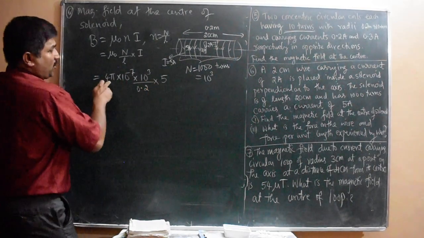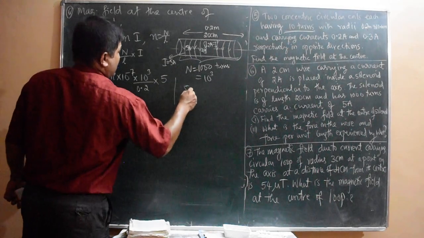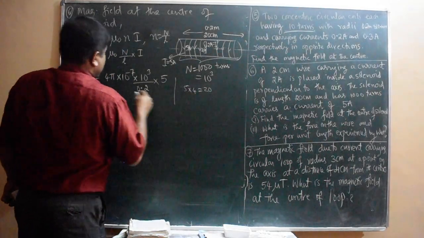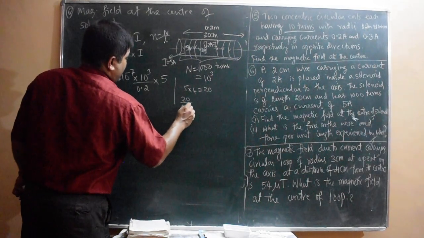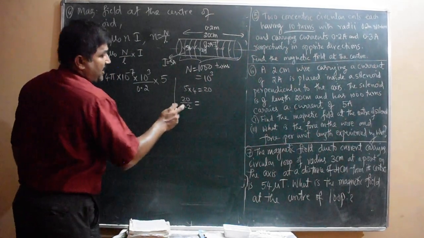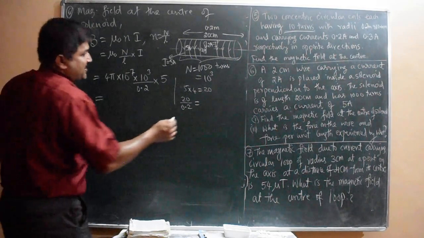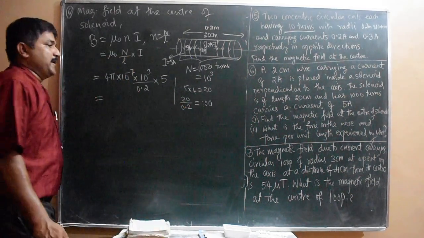Say 5 into 4 is 20, and 20 divided by 0.2 is 100.